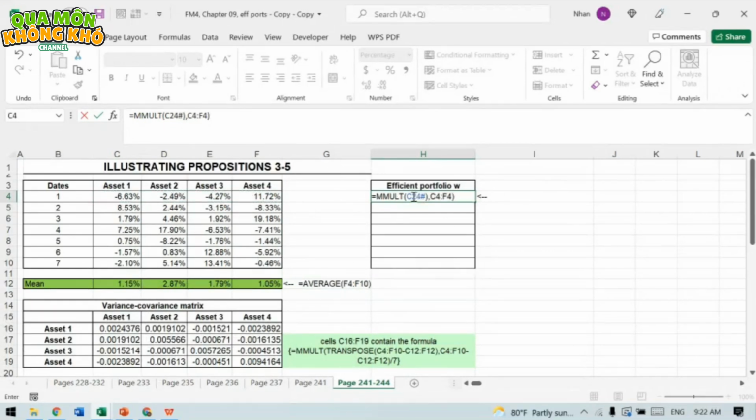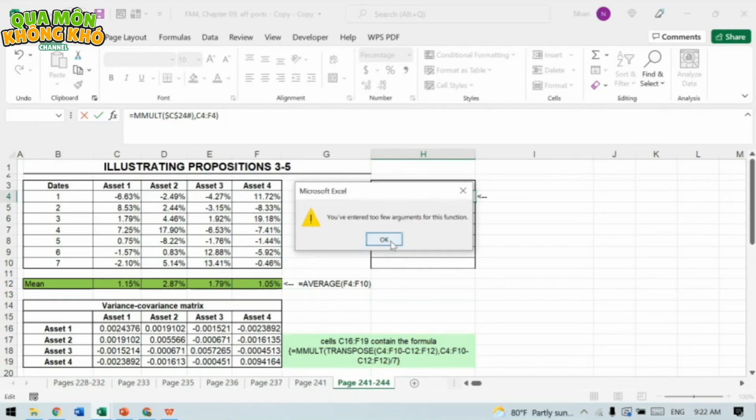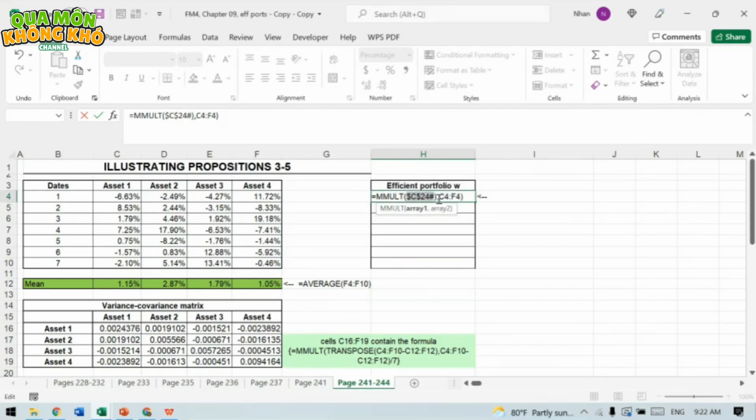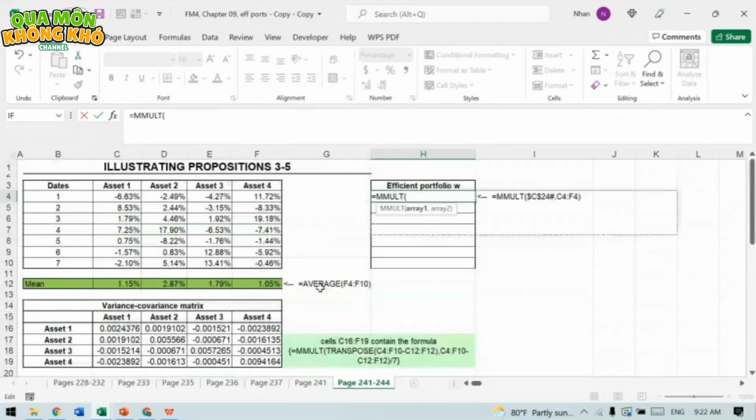Because it is, I will fix it to... no, wait, what's wrong? So, no, I don't need to transpose this.